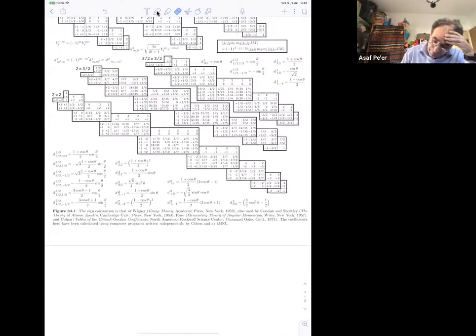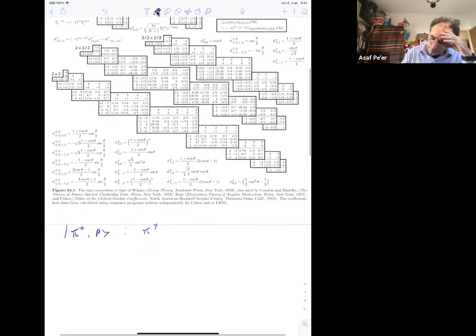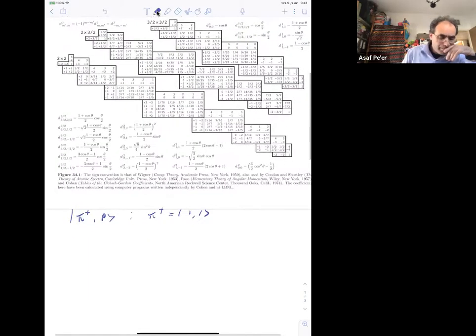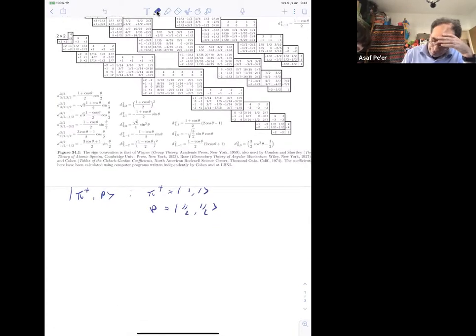We know that the pi plus is a 1, 1, and the proton is half, half. So we have I equal to 1 multiplied by I equal to half.